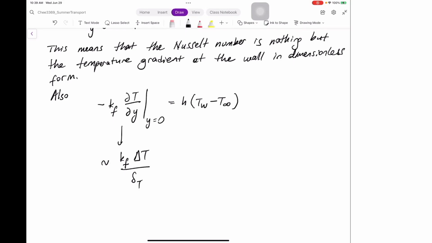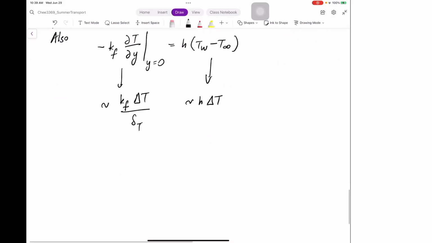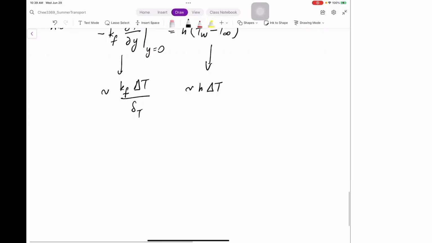One is maybe like 100 times larger than the other. And this one is in the order of h times delta T. And from this, we find the following: kf delta T over delta t, the one on the left-hand side, scales with h times delta T. And the delta t's cancel.